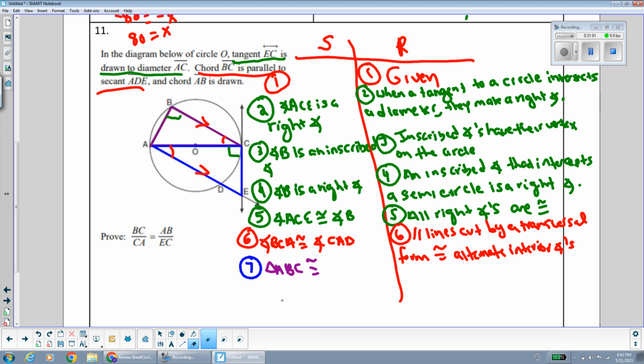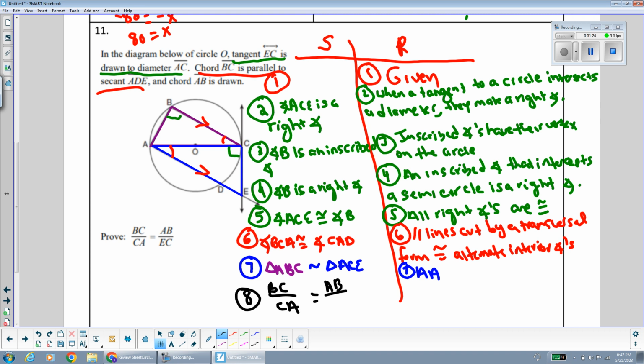So from here, that's enough to say that triangle ABC is similar to triangle ACE, and that's by AA. And then after we know the triangles are similar, then we know that the proportion that we're trying to prove involving their corresponding sides is also true.